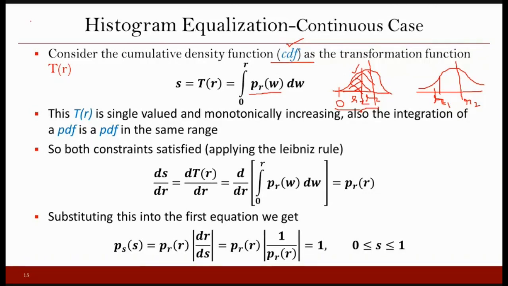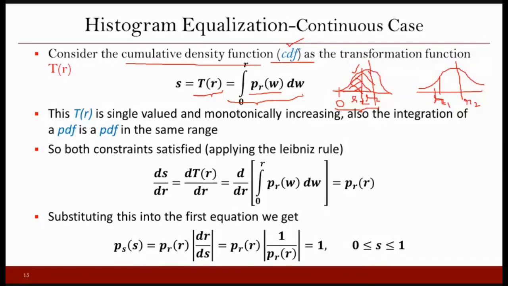So this equation defines the TR, the cumulative density function, and then TR in terms of that. So let us assume that S is equal to TR is equal to this function. That means this TR is nothing but this cumulative density function. Okay.